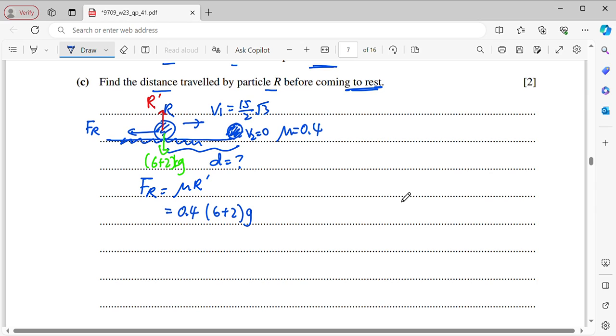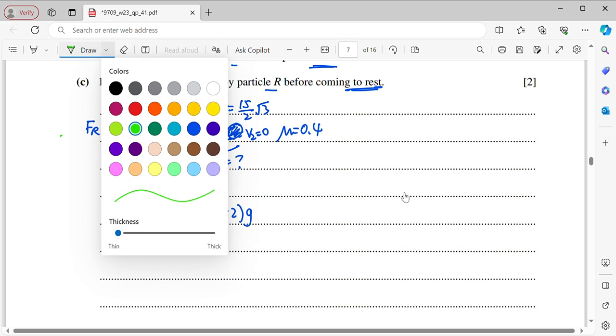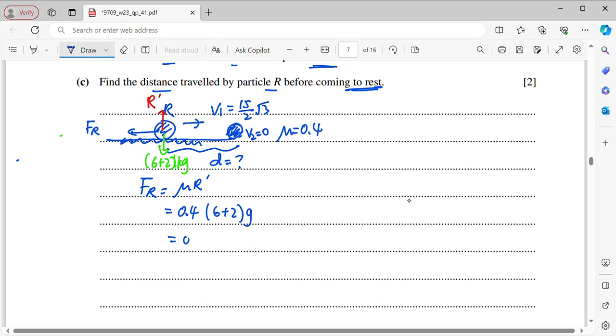That is my R prime. So when you calculate the values, this is going to be 0.4 times 8 times 10, so it will be 32.